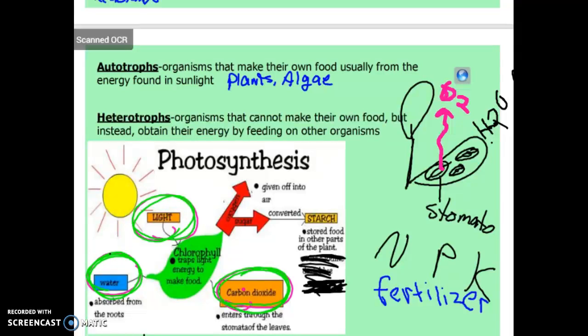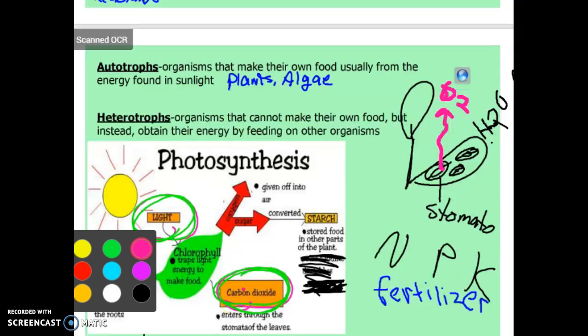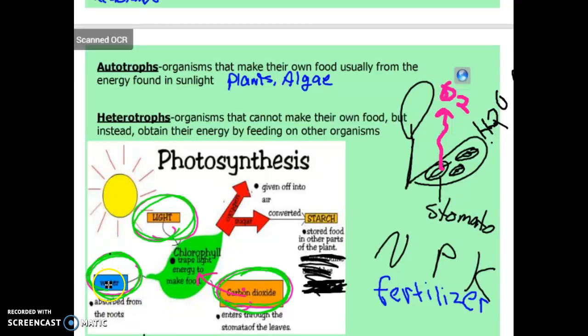So why is that? Well, remember, in the process of photosynthesis, we have chlorophyll in the leaves. The pores take in carbon dioxide that goes into the leaf. And then, of course, we have some water that goes in, not really through the leaves.